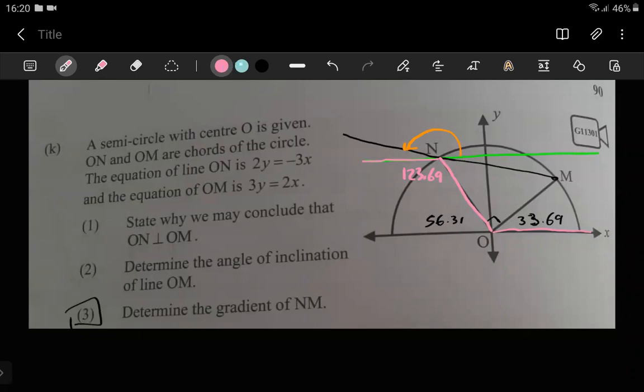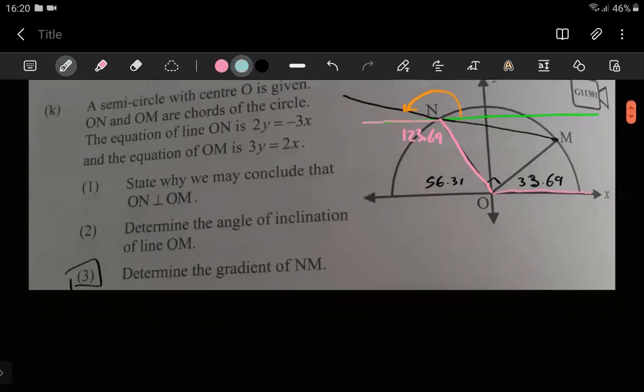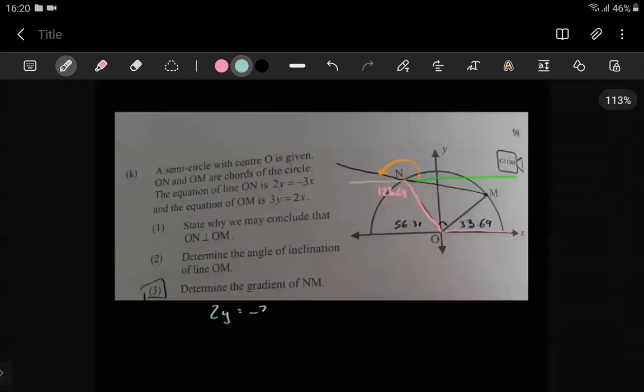Let's see if the equations of these lines will help us. Let's just get those equations again. So this is going to be y is equal to negative 3 over 2x. I wonder if this x-intercept is going to help us.